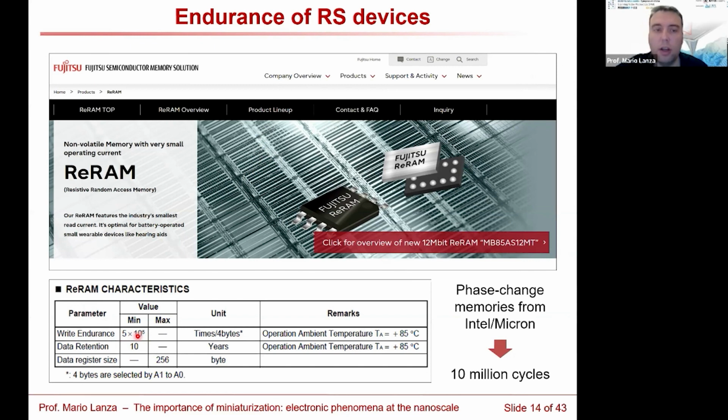This resistive switching memory is made of metal oxides. We also have other companies that make resistive switching memories. For example, Intel and Micron partner to make phase change memories, and in their data sheet they say that the endurance is 10 million cycles. That's the specification of the commercial product.